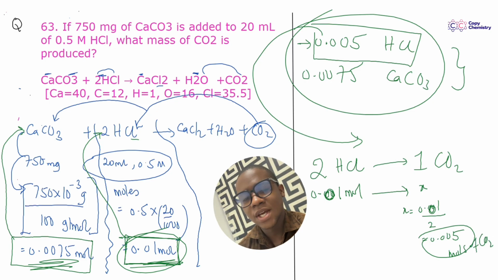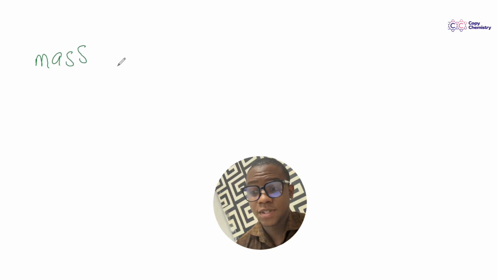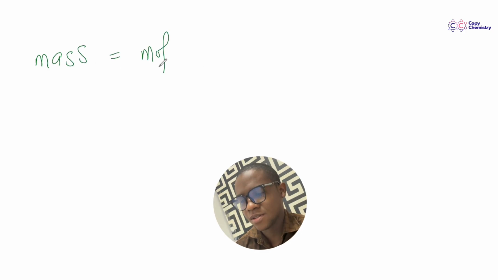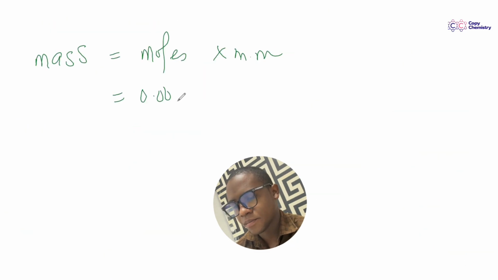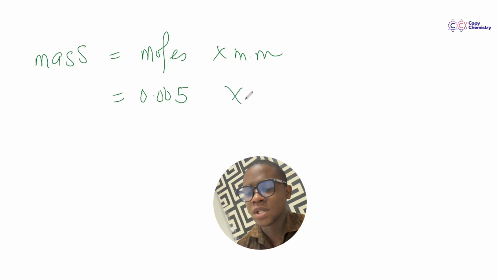Now, since they asked us to get the mass of CO2 that will be formed, we just need to say that mass, returning over to the second page, is moles times molar mass, right? The number of moles of CO2 formed, we've established, is 0.005.